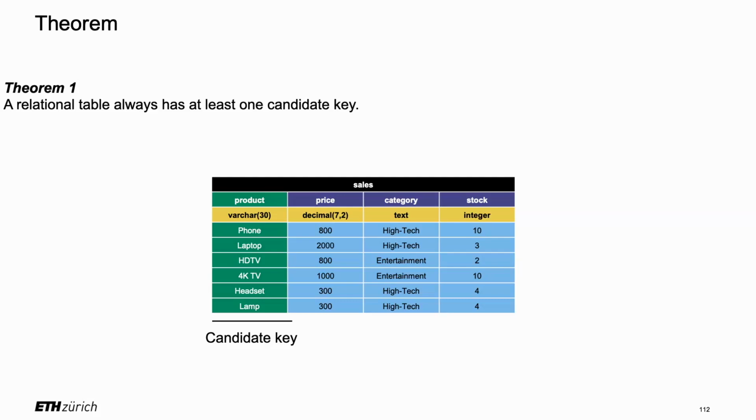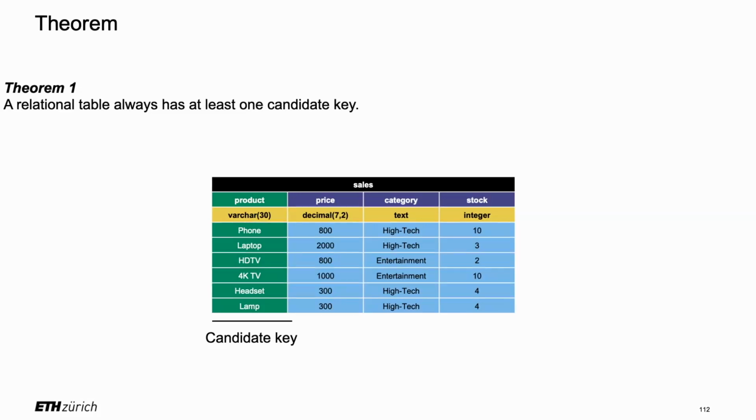Set, yes, absolutely. It's always a set. Exactly. Yeah, so let me repeat your reasoning. That's exactly the right reasoning. You basically start your proof with using a previous theorem that if you take the set of all attributes, that's a super key, right? Product, price, category, stock. So all attributes together, that's a super key.